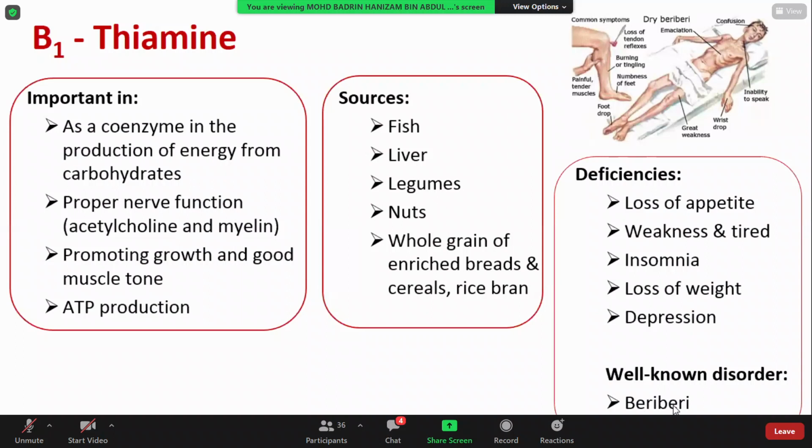It's quite hard to find nowadays in developed countries, but in developing countries, it is very hard to get a source of good food that contains vitamin B1.